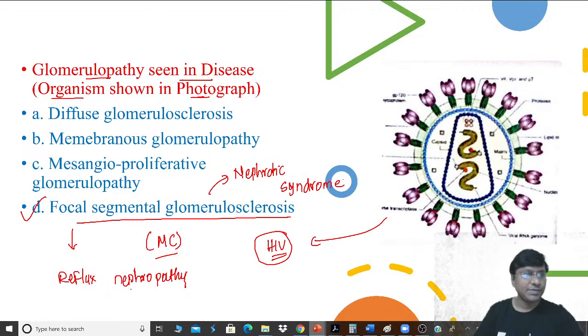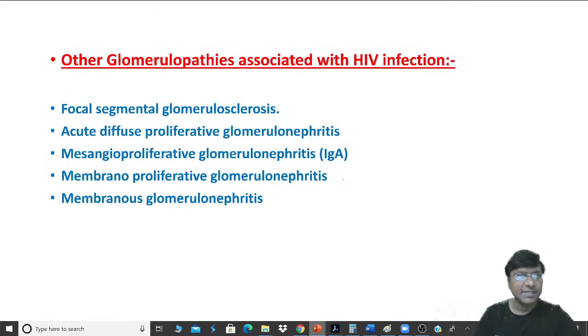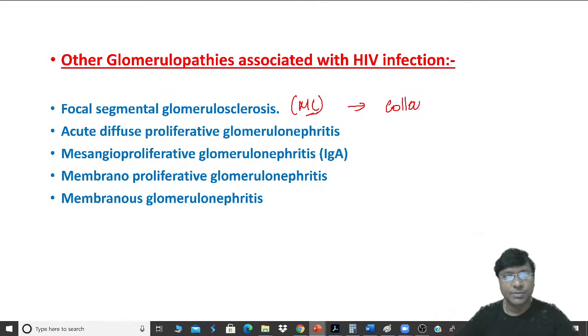Now, what I wanted to tell you is that in case of HIV, it is not only focal segmental glomerulosclerosis; you have other forms of glomerulopathies also. What are the other forms? The most common one is focal segmental glomerulosclerosis, which you can also call collapsing glomerulopathy.